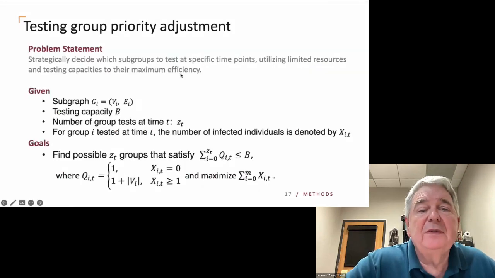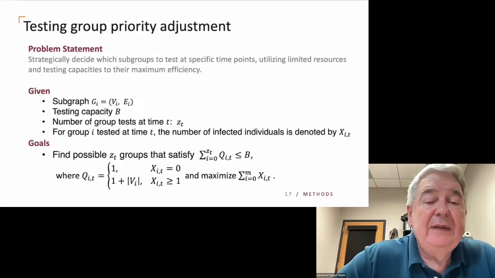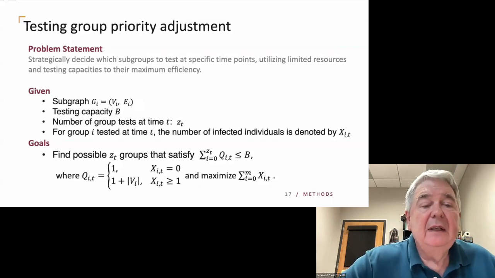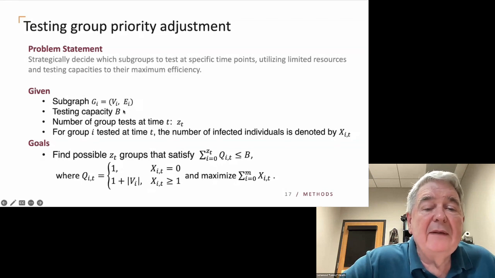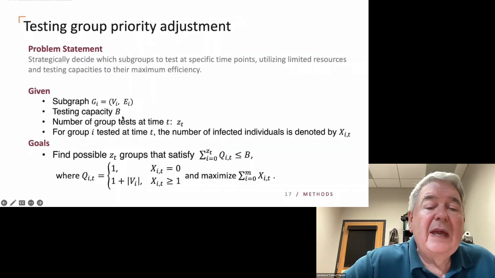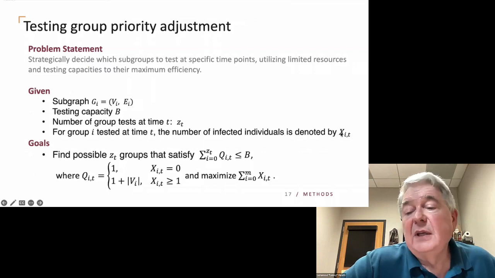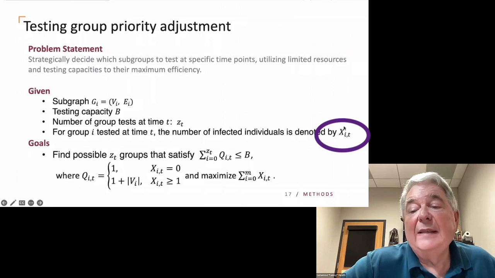The problem that we're solving in terms of coming up with priority for the next round of testing is this. We have a testing capacity B, that is a total testing capacity. We have some number of tests carried out at time t, and we have a number of infected individuals at time t in subgraph I, that is x sub it.